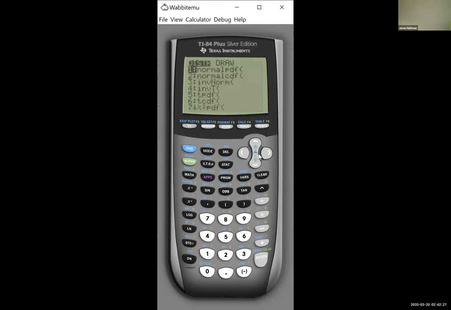Okay, so second vars, right? Normal CDF, negative infinity to negative 2.71. Mu is 0 because it's a z-score. Sigma is 1. Paste it.